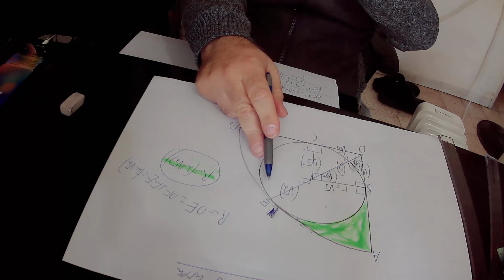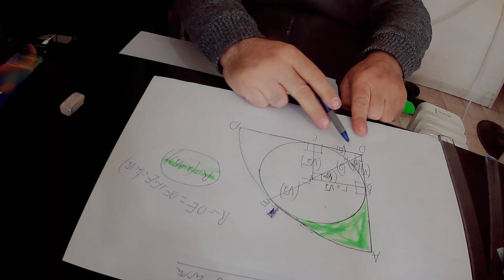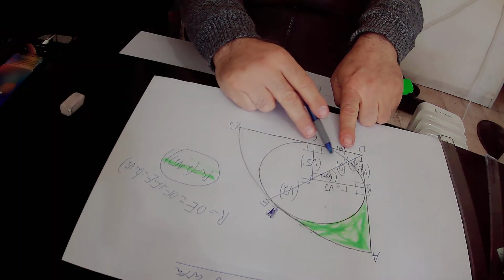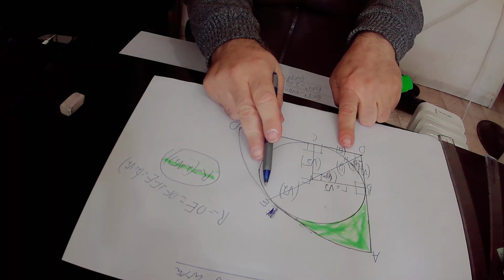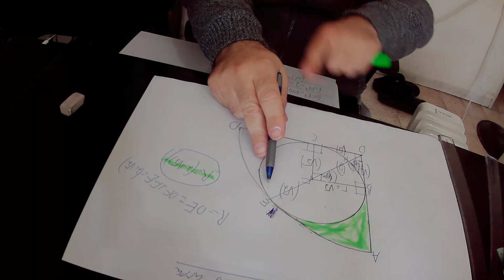Again, line segment HE is part of the radius OE, that is a straight line, therefore line segment HE must also be a straight line.